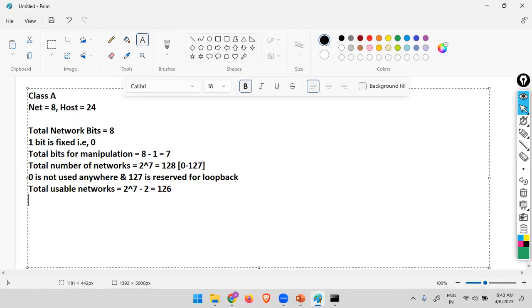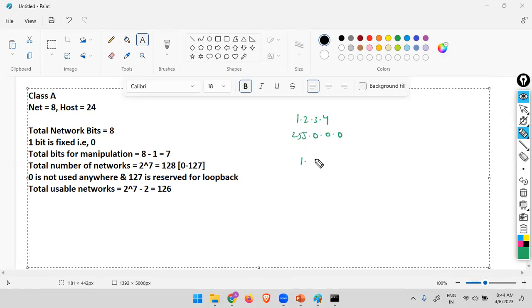Now, if I design one network of class E, then how many addresses will I get? Because we see that in case of class C, only one octet is there, so 0 to 255, total 256. But in case of class A, let's say an example, 1.2.3.4, the mask will be 255.0.0.0.